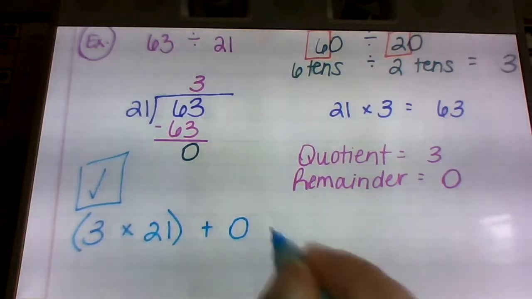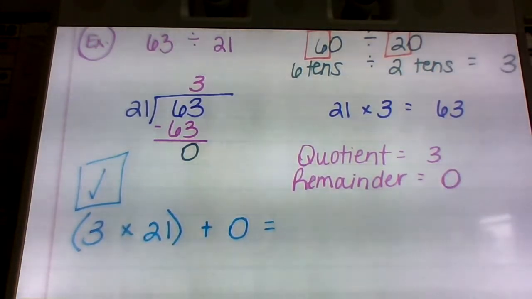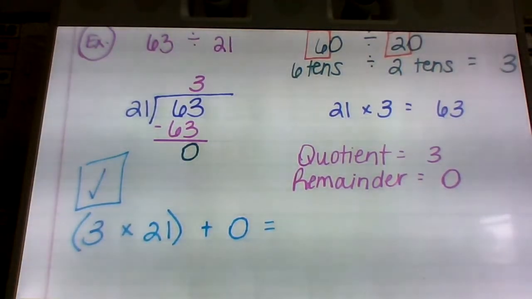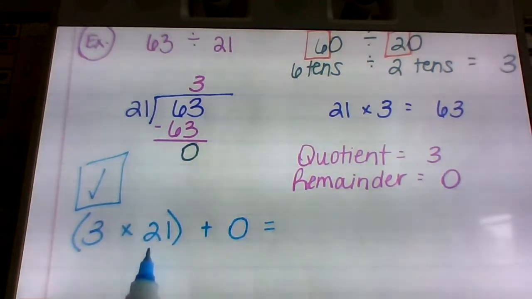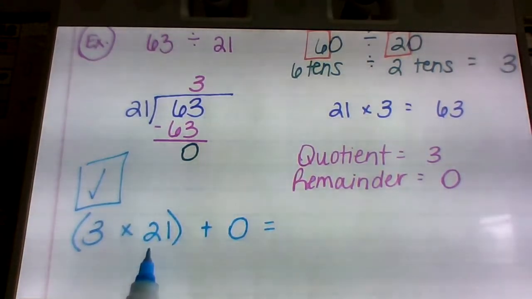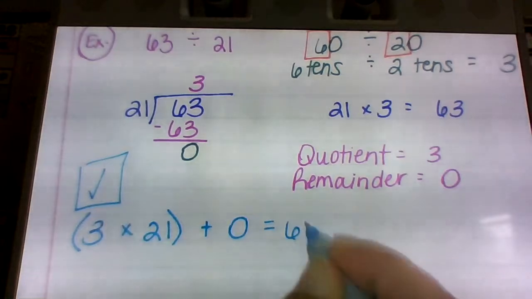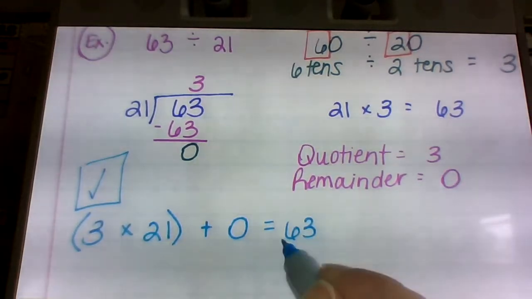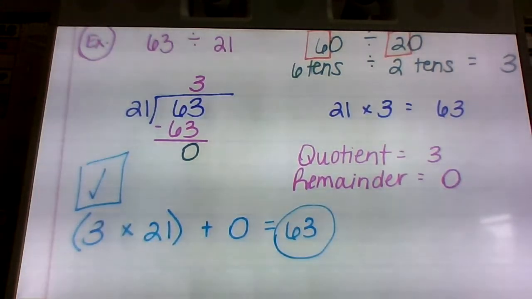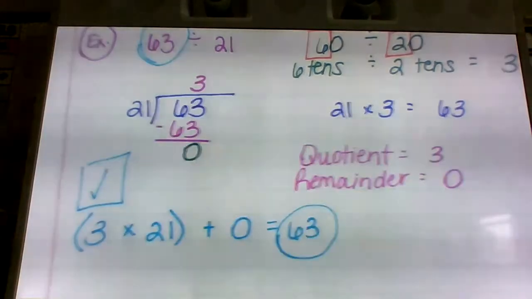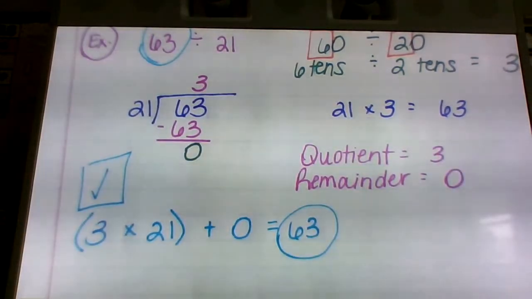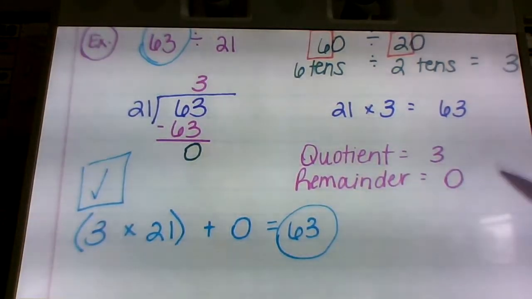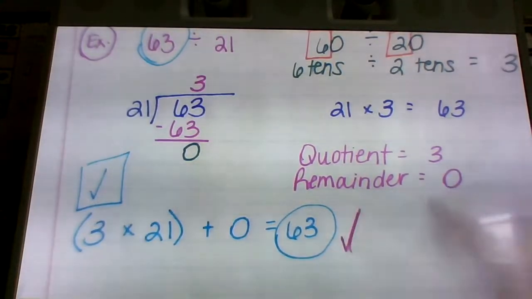Your answer should be the dividend. So 3 times 21 is 63, plus 0 is 63. My answer matches the dividend, so I know that my answer is correct.